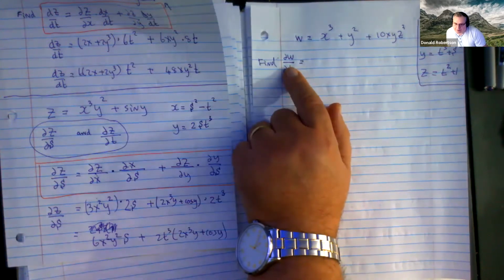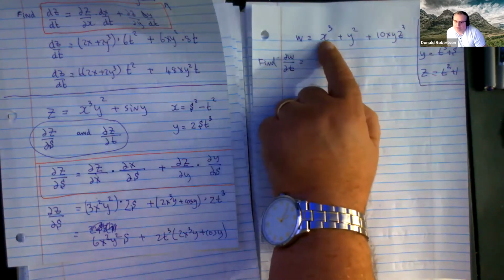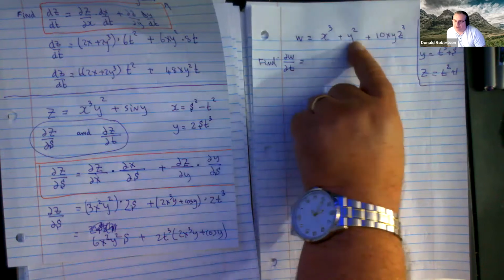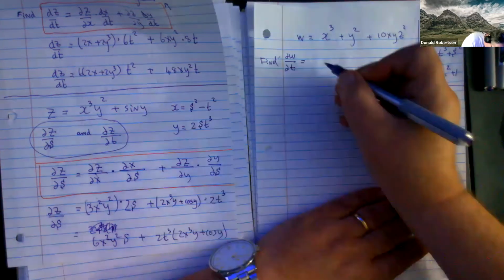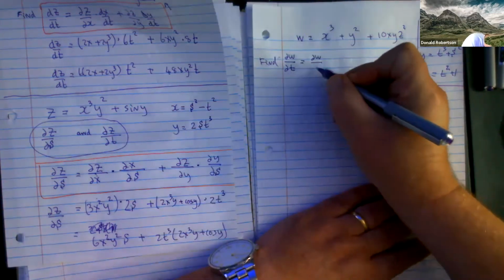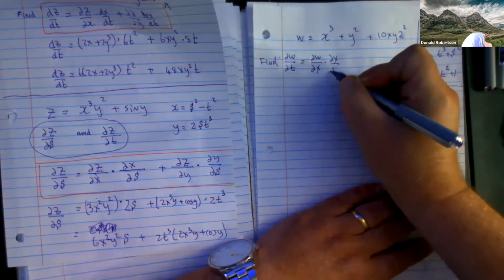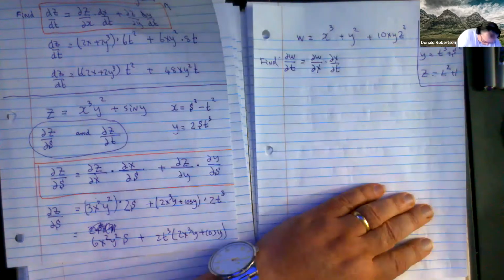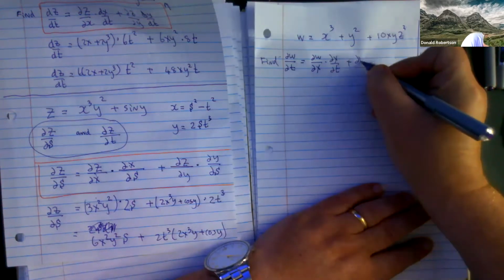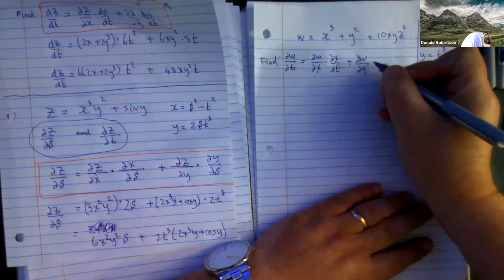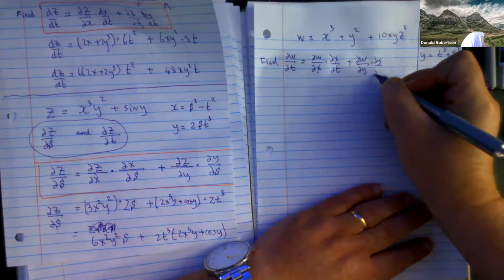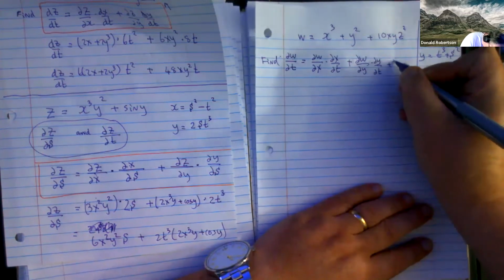So to create the formula, w has x's, y's, and z's in it. So that means I'm going to have a partial derivative of w with respect to x times dx by dt. And then I'm going to have a second one, dw dy times dy dt. And then I'm going to have a third one.